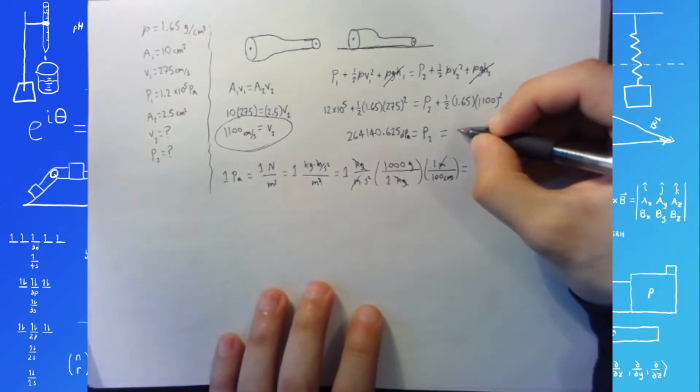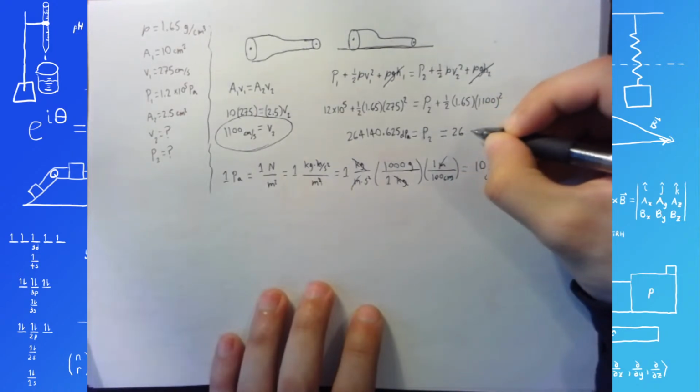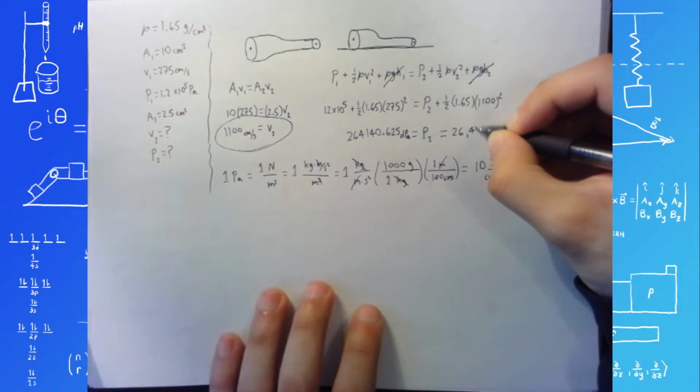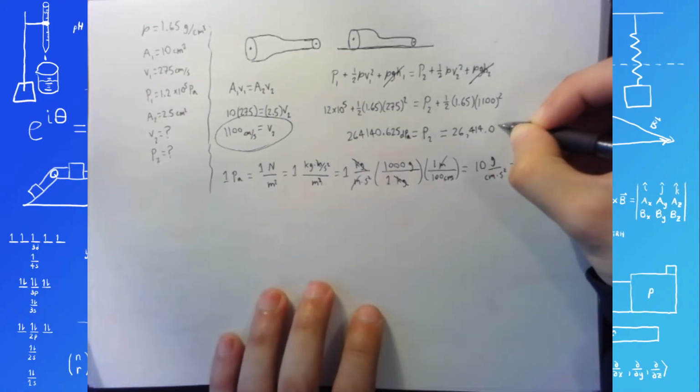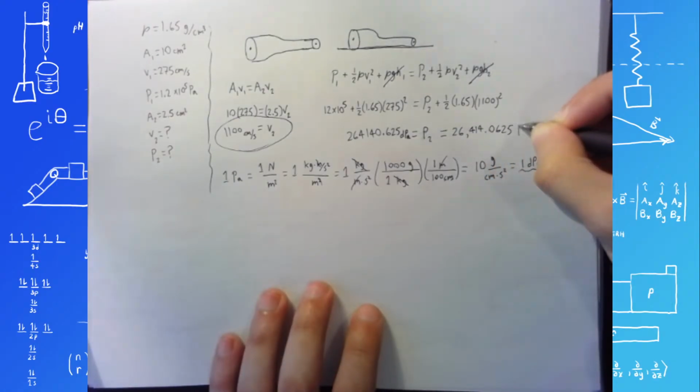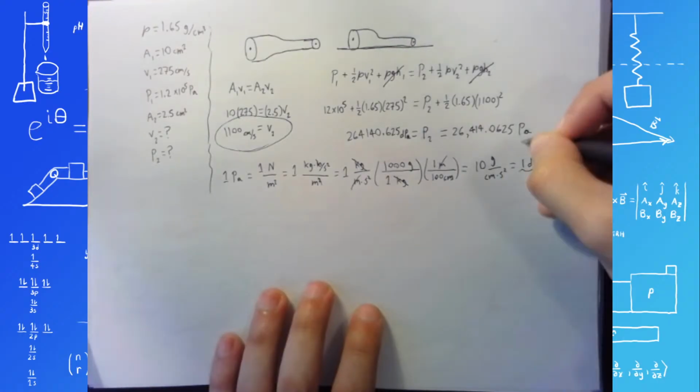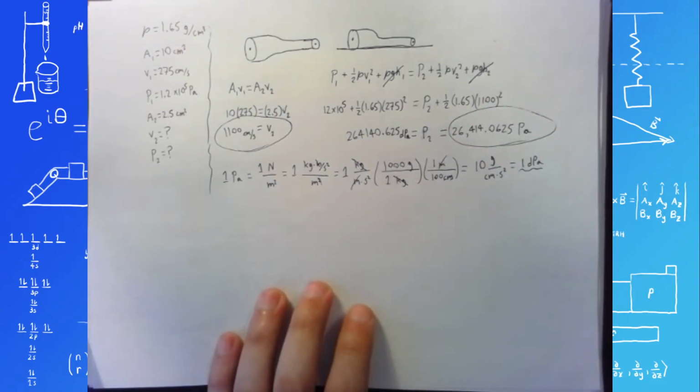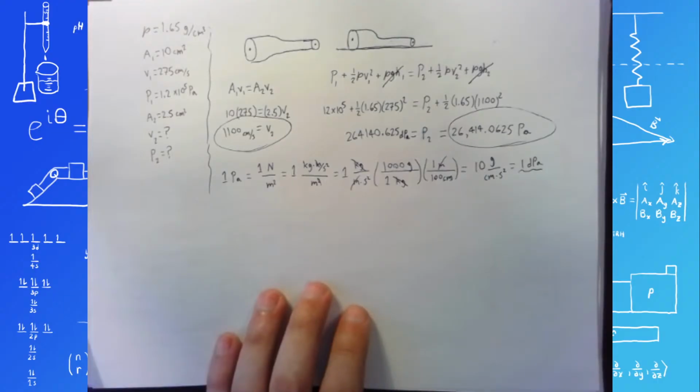So we can also say it's 26,414.0625 if I convert it back to regular pascals. Or you can write it as 2.64 times 10 to the 5 pascals.